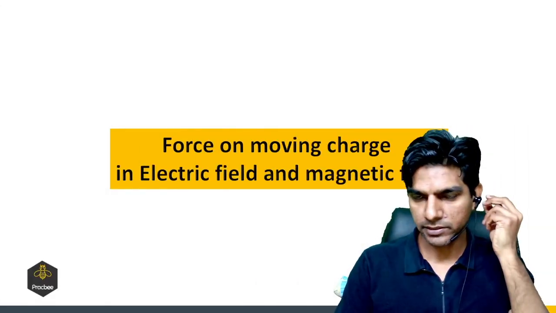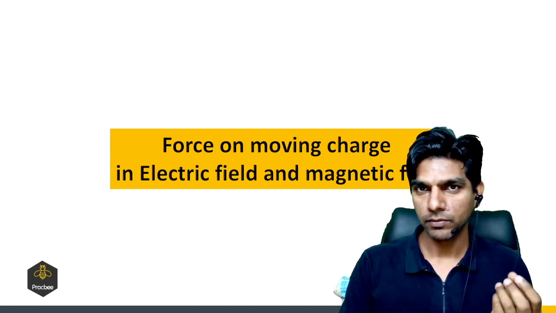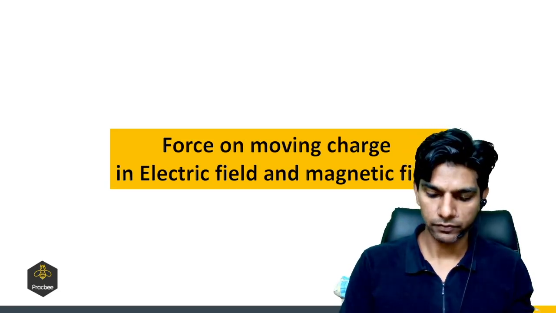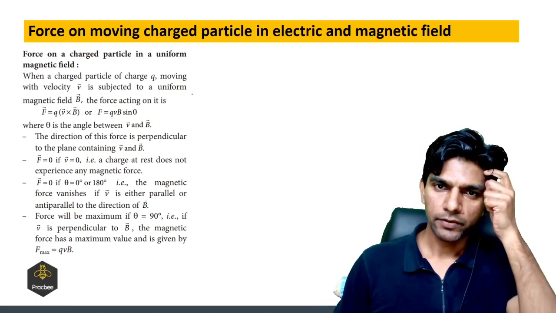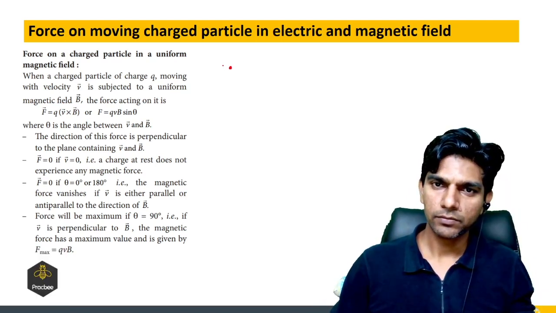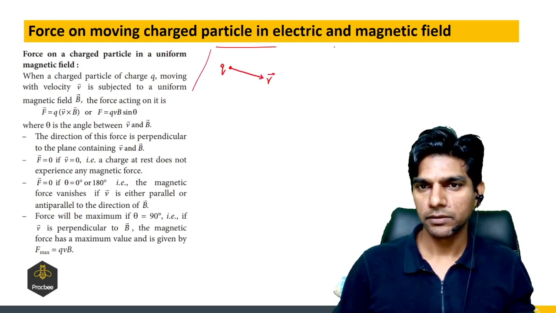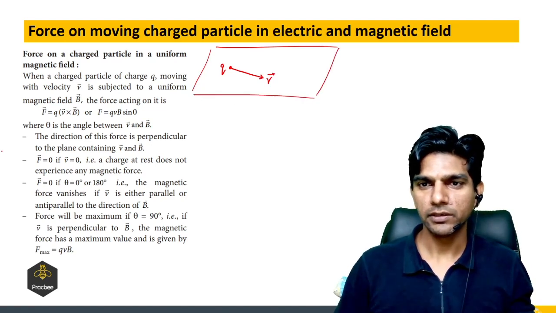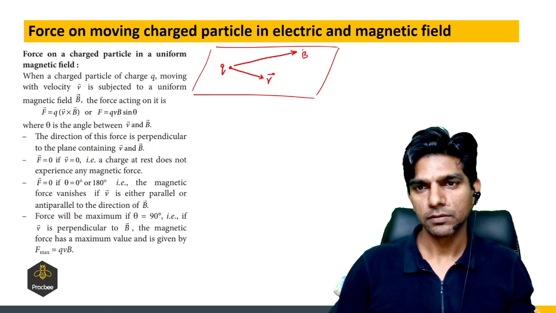Right. So now let us see the new concept where we'll study the force experienced by a moving charge placed in magnetic field and electric field. If there is a charged particle, say Q, and its velocity is in this direction, V, and let us say this is the plane in which the velocity is contained, and the magnetic field is in this direction.